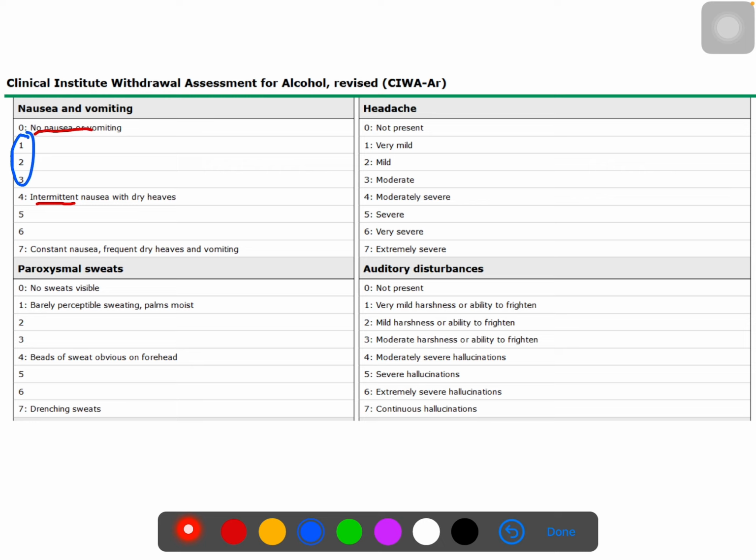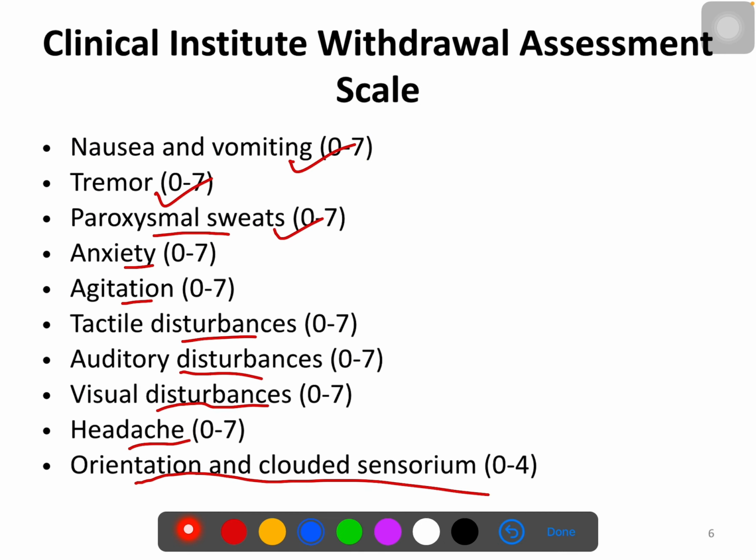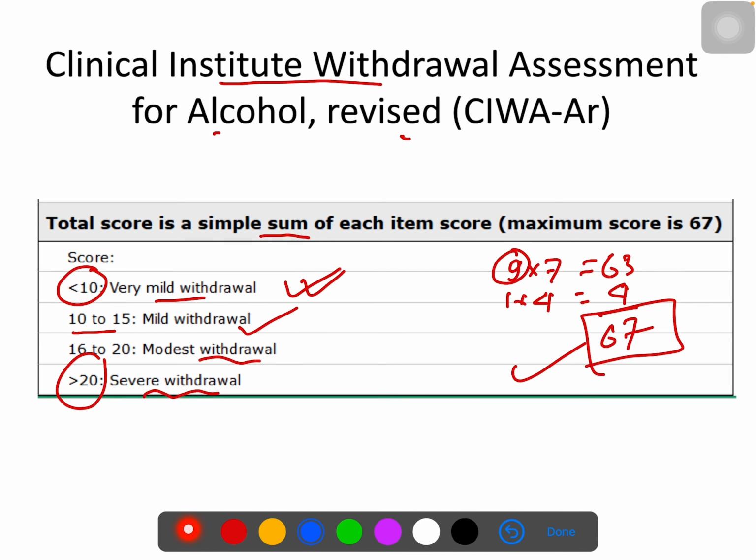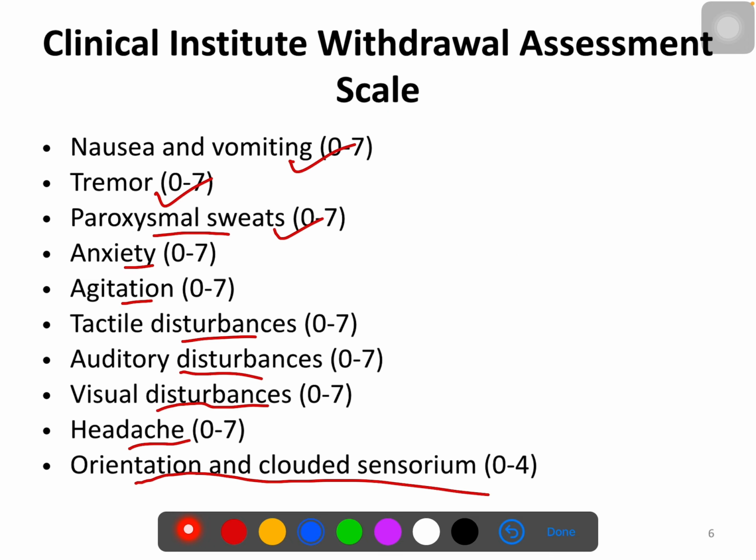So the scoring is a little tricky, but from the symptoms we see in the patient, we get an idea of the condition, like whether it is modest withdrawal or severe withdrawal.